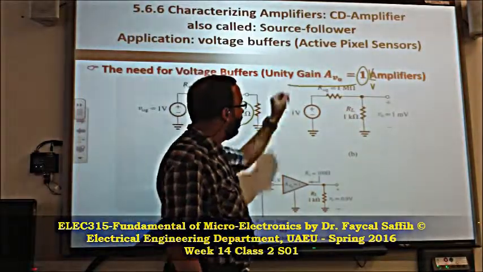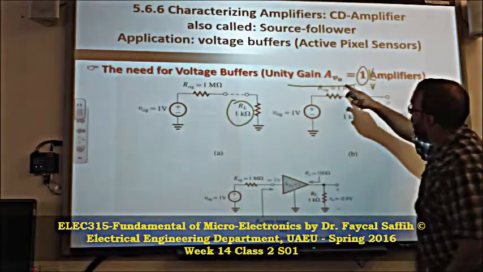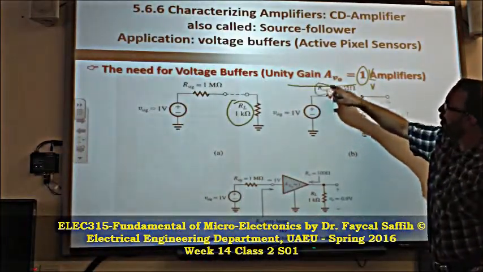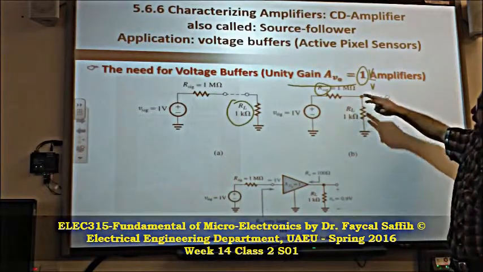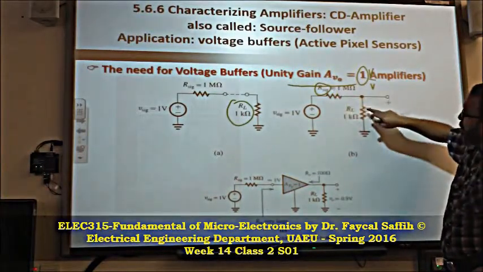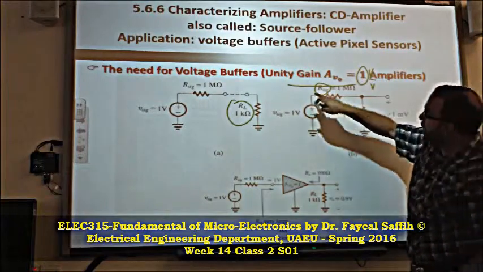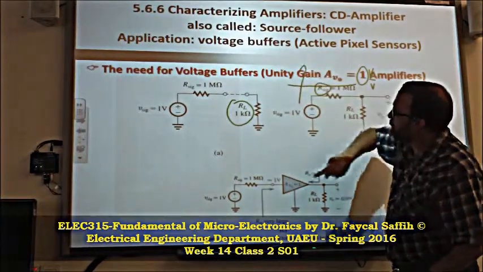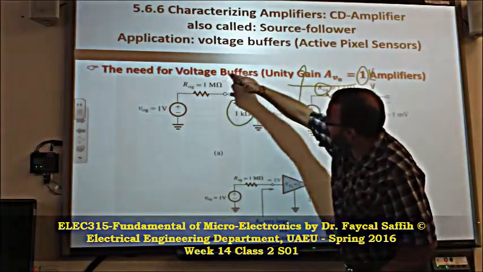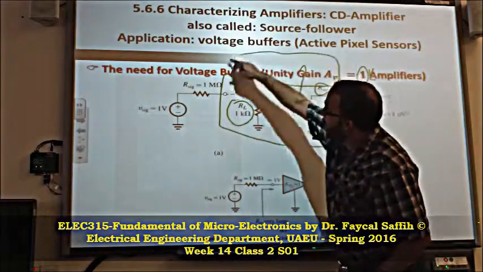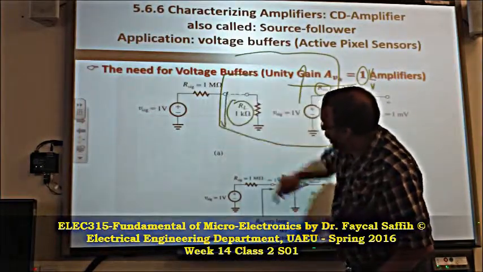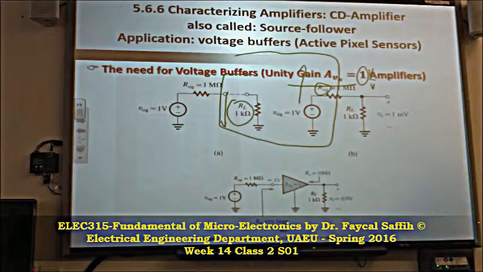The amplifier is going to be here. And the output resistance, which is this one in this case, refer to the same model that we studied before, is going to be as high as possible compared to the load. So this need to be as high as possible, output resistance of the amplifier. And the input resistance need to be as small as possible. Okay? These are the major characteristics of this amplifier.